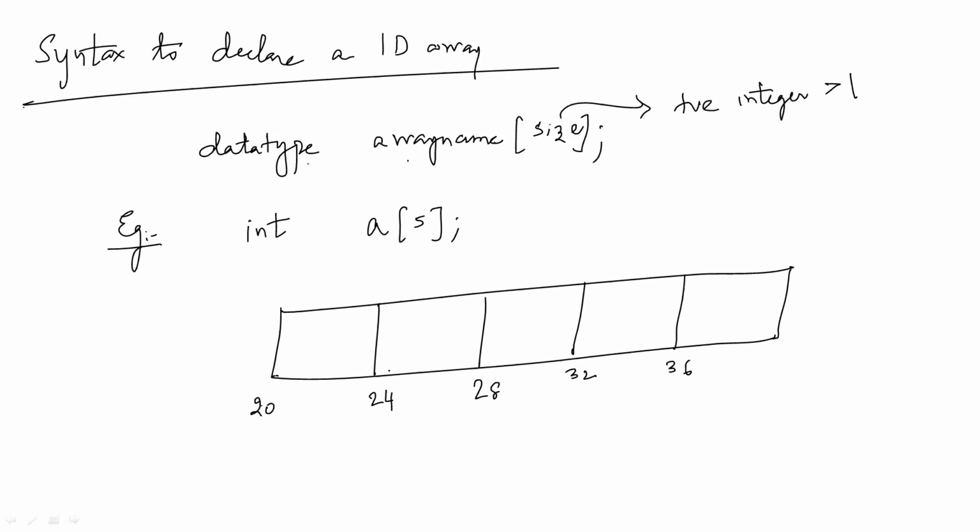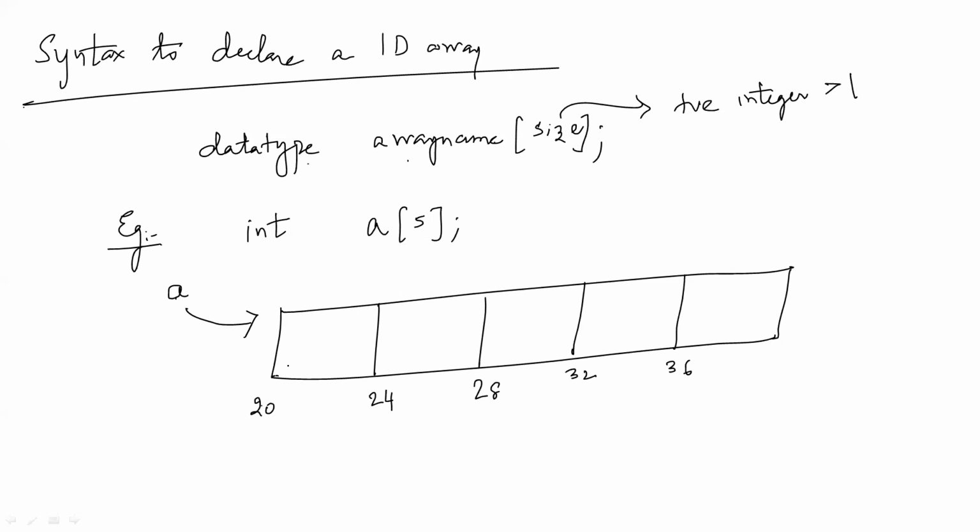It is divided into 5 blocks, and every block is given 4 bytes of memory. And this complete block is assigned a name A. Not the first block, sir. All 5 blocks together are assigned the name A.